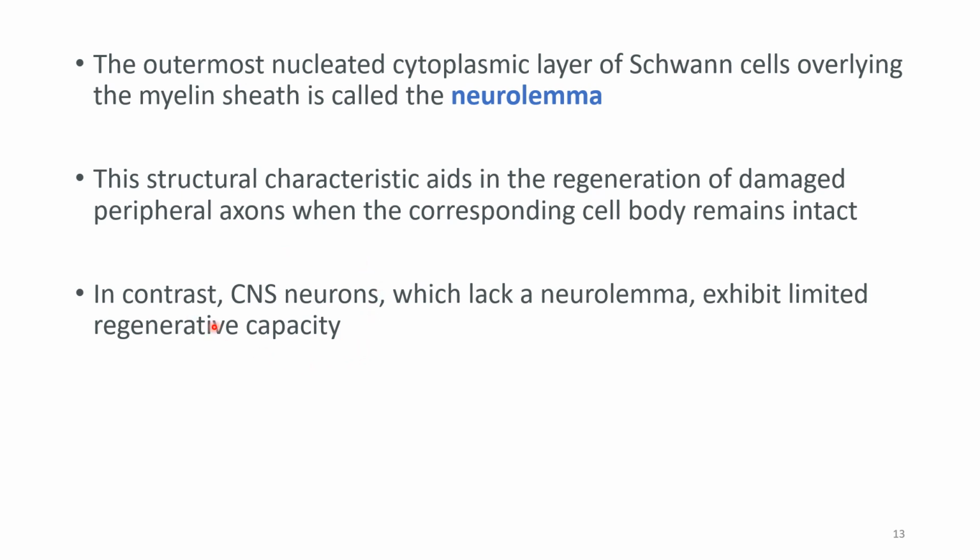In contrast, in the CNS, the neurolemma is not present. So, there is limited regenerative capacity in the central nervous system neurons. So, the neurolemma of the Schwann cells is important for the regeneration of the myelinated axons in the peripheral nervous system.